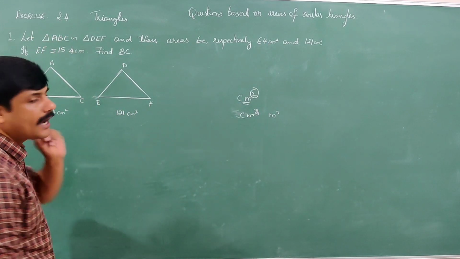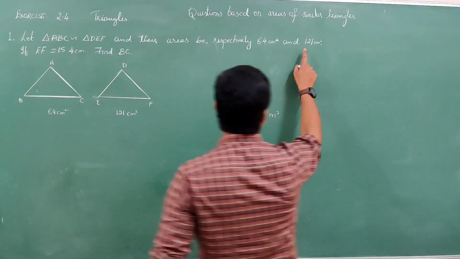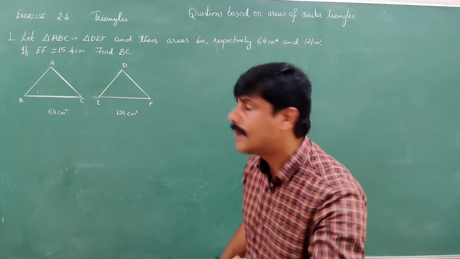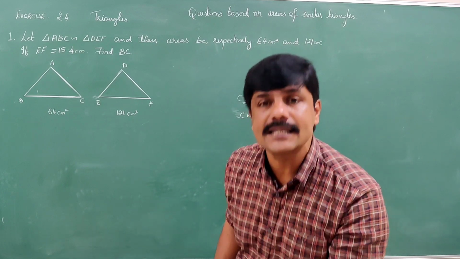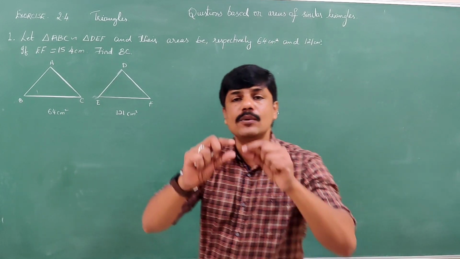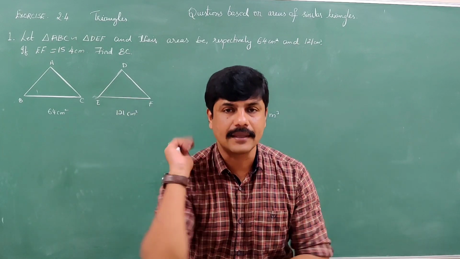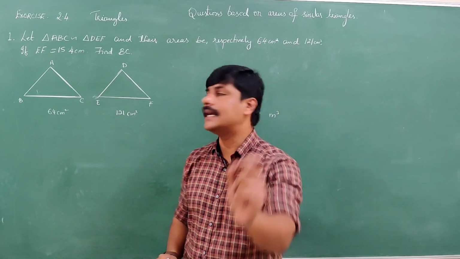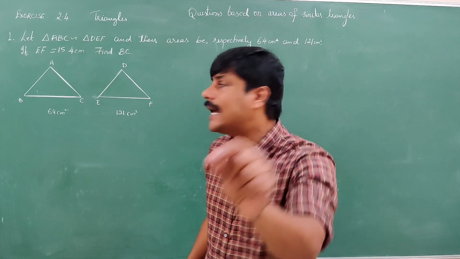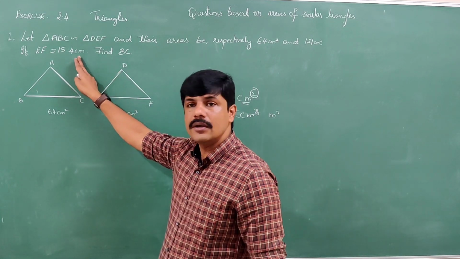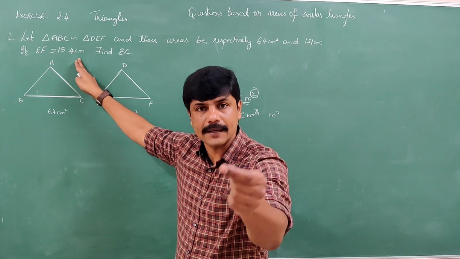Area of what? Area of triangle. And 121 centimeter square, because area is said. If only centimeter is said, then only one dimension is meant, maybe length or breadth or height. So one dimension is defined in terms of centimeter.